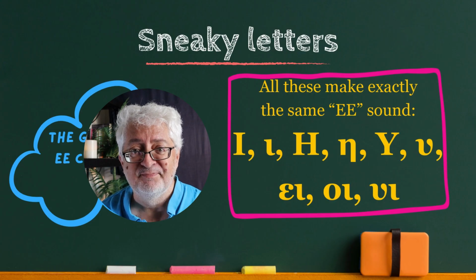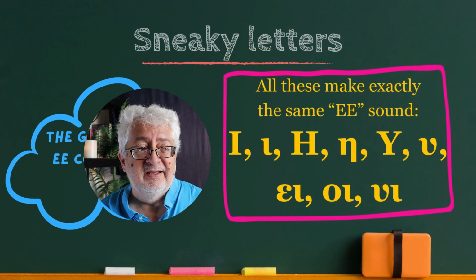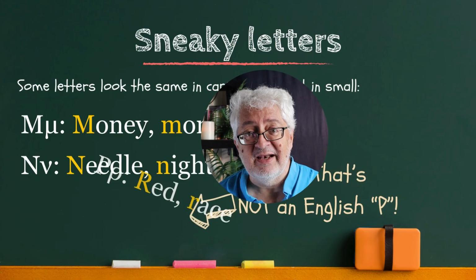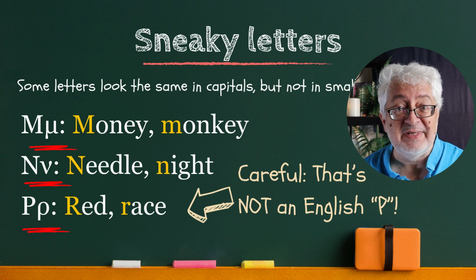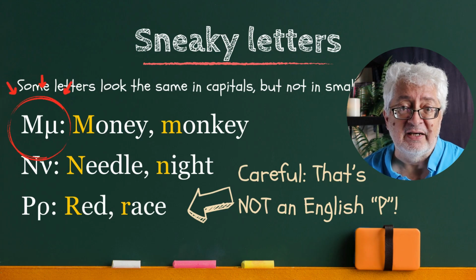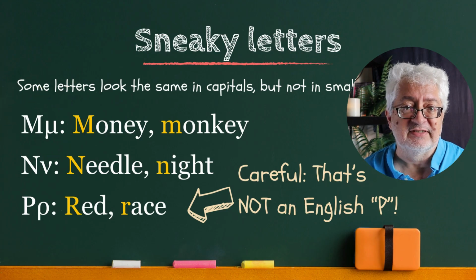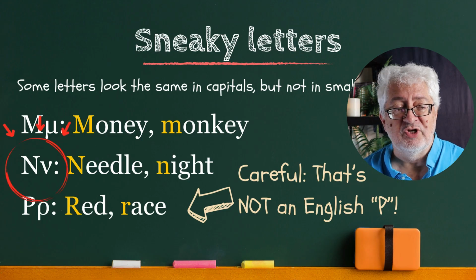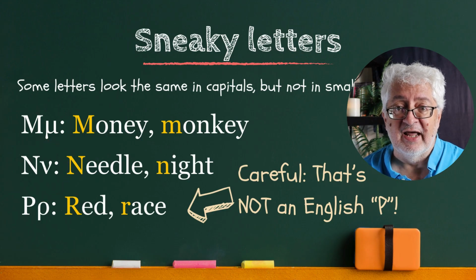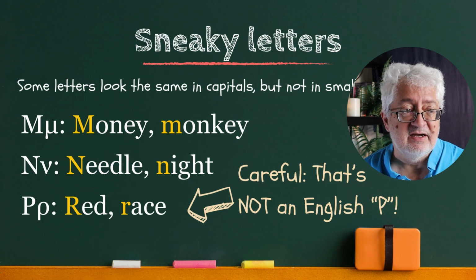Okay. Now we have some other letters here that are more traditional in the way they are pronounced, but again, the small letters look a little confusing. So first is the mi, which is the starting letter of money or monkey in English, right? It's just an M sound. Then you have the ni, which is like needle or night, the N sound.